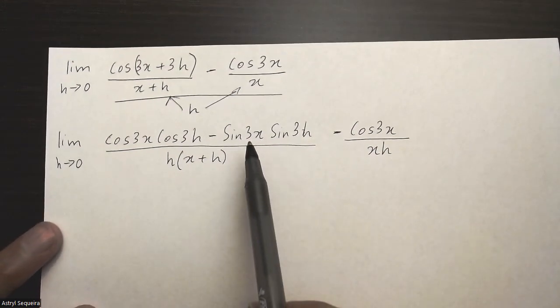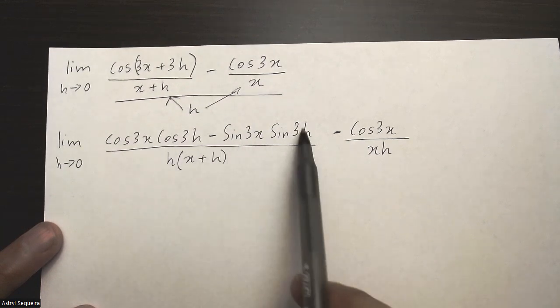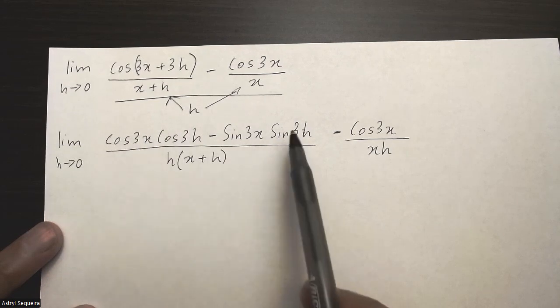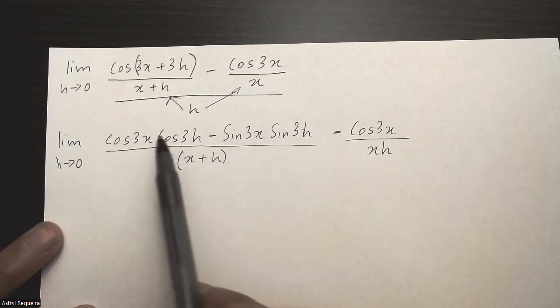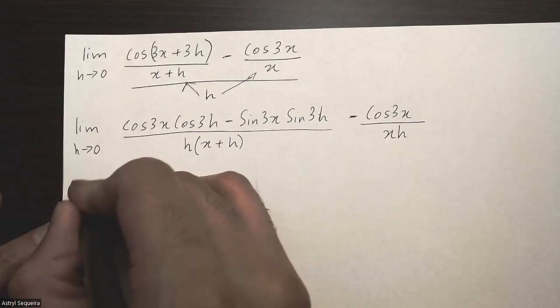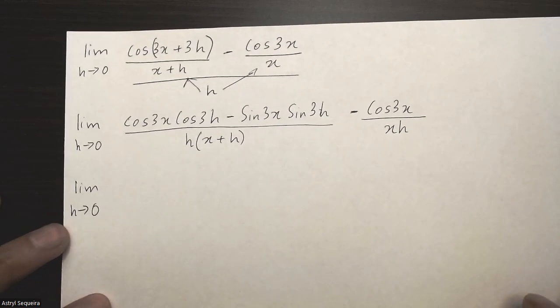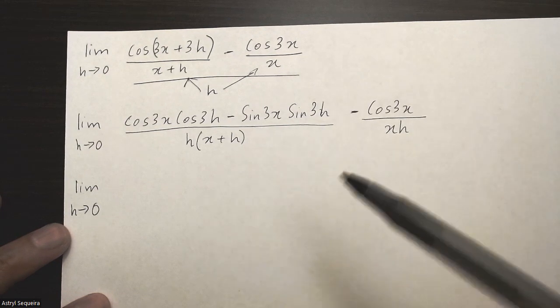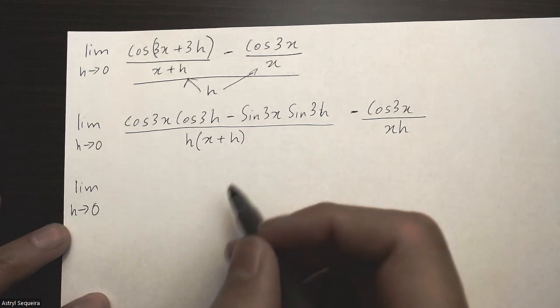The next thing I want to do is split these two terms up, but I also want to rearrange it. I want to move the sine term to the front and the cos term to the back, because in the end, I'm going to common factor these two. So I want to have these two terms together. I'm doing multiple steps in one step because I don't want this to take too much space in a test. Generally speaking, if I showed every single step, the solution would take about 2 pages, but I'm trying to squeeze it all into about 1 page so you can fit it in a test.